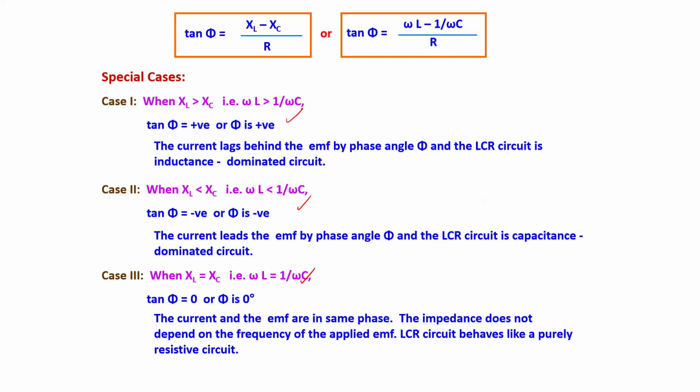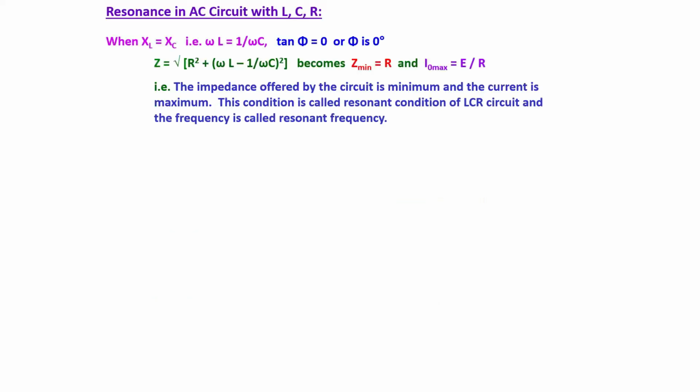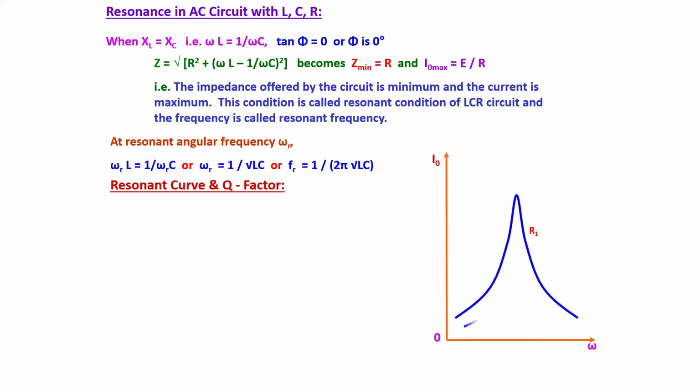Okay, so now the next one, we are going to study what will happen at resonance in terms of the LCR circuit. So here, when XL is equal to XC, which means omega L is equal to 1 over omega C, it's known that the value of the angle will be equal to 0.